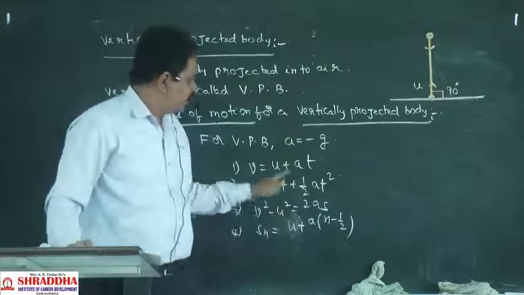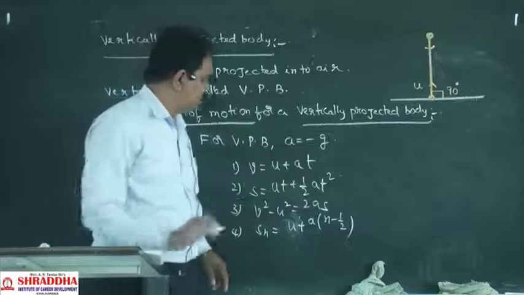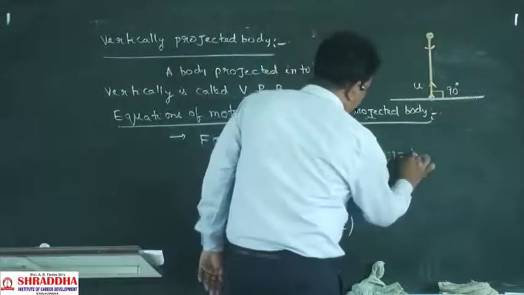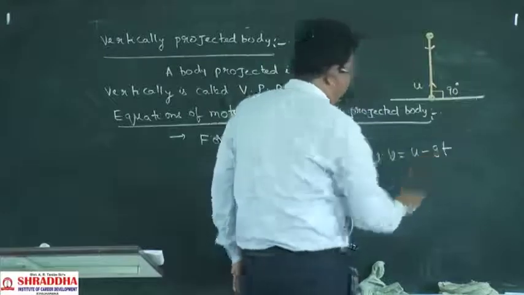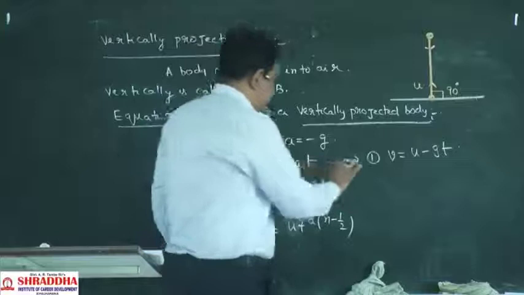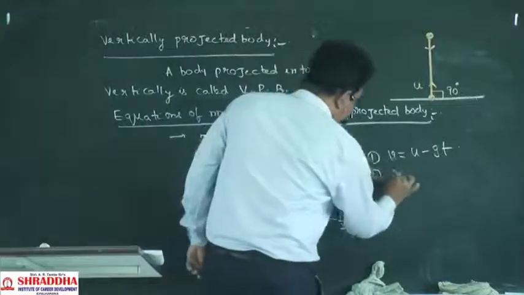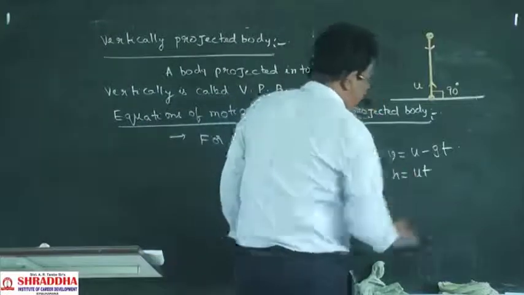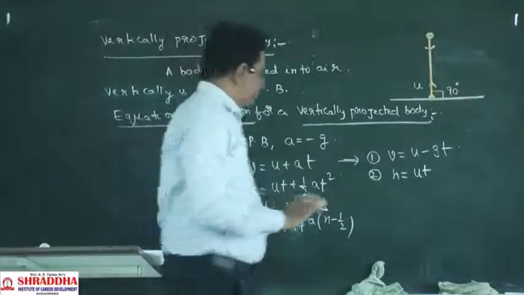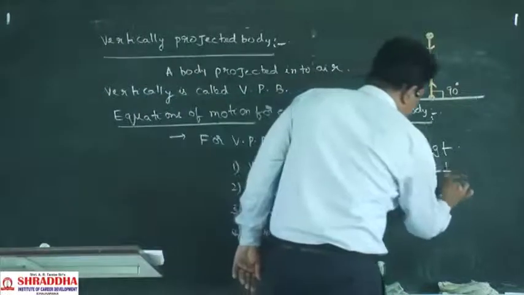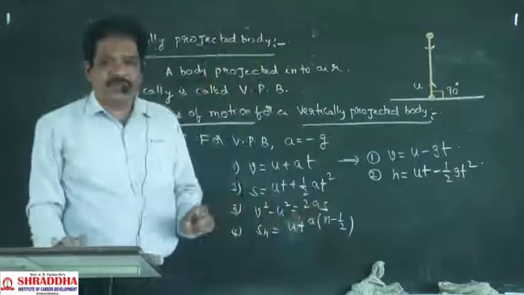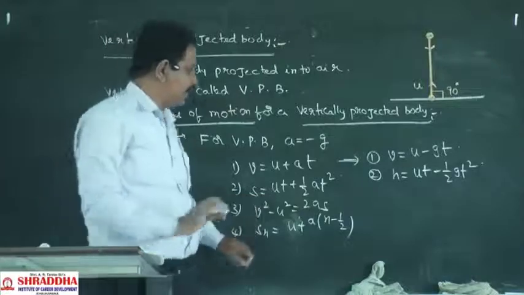If we substitute a is equal to minus g, here what we will get is v is equal to u minus gt. This equation. h is equal to, generally we will write h instead of s. h is equal to ut minus half gt square. Just substitute a is equal to minus g here.